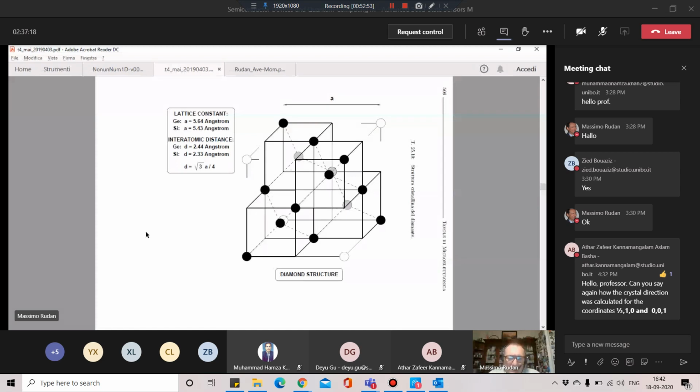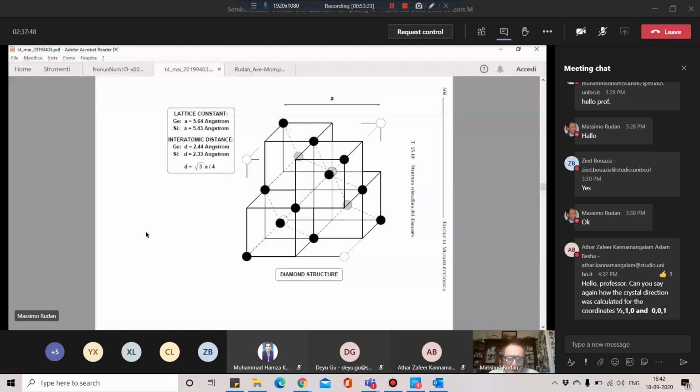By the way, the lattice constant is not the minimum distance among atoms in the crystal, okay? Of course, the minimum distance is the distance between the center and the vertices of the original small block of tetrahedral form that we started from, okay?